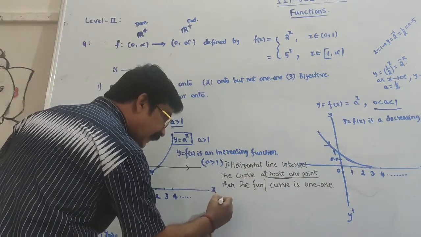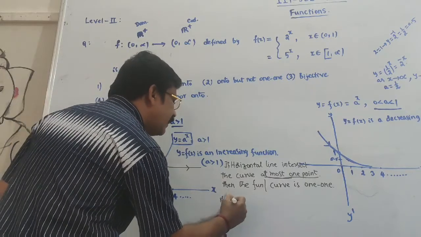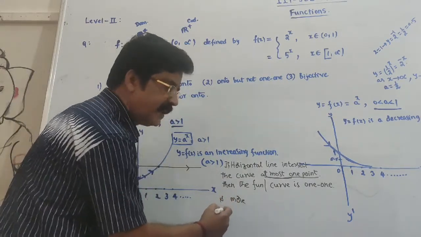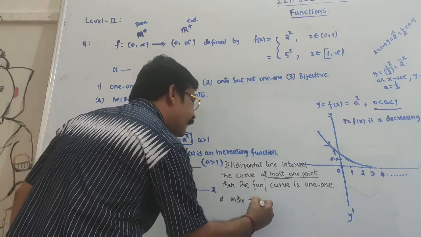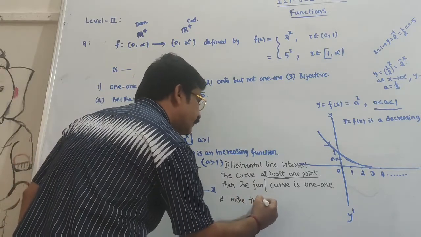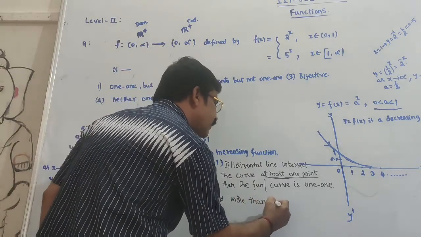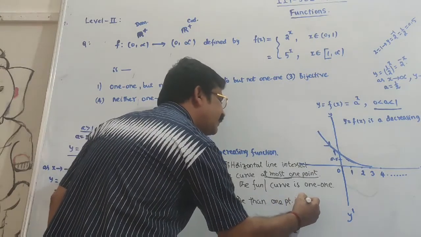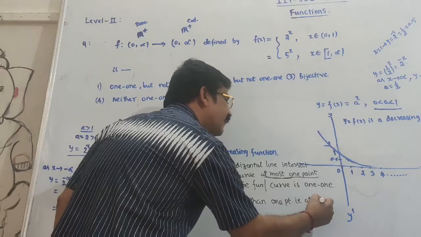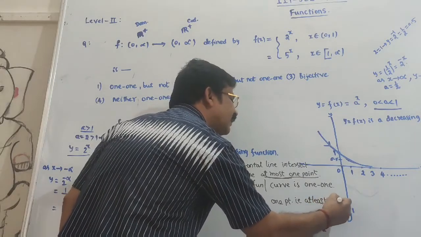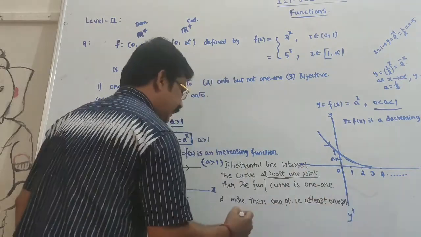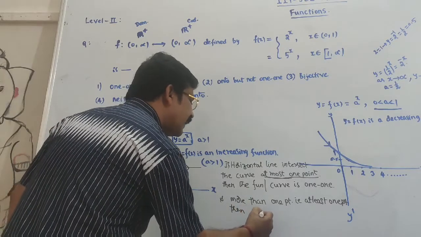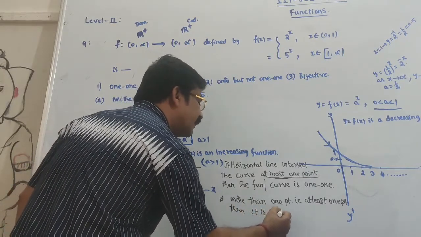Next, if it is intersecting at more than 1 point, that is at least 1 point, then it is onto function.